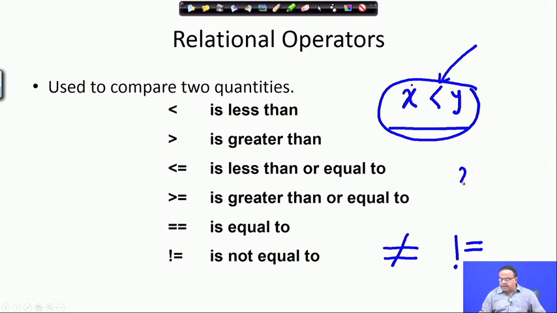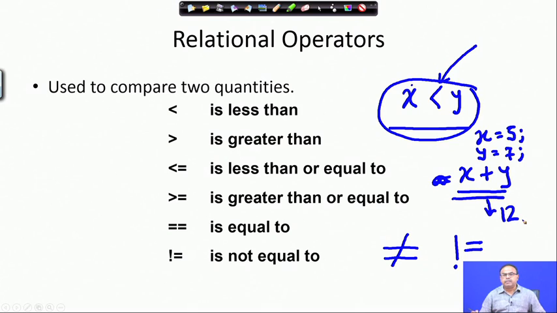So, if I had done x plus y and suppose x was 5 and y was 7, then x plus y would have given me what? 12, 5 plus 7. Now, if I do this x less than y, that means 5 less than 7, what will this give me?